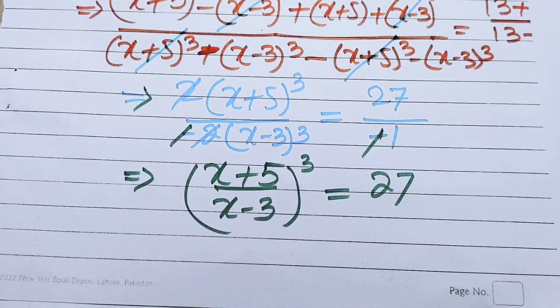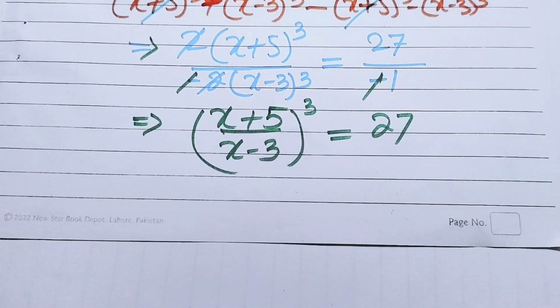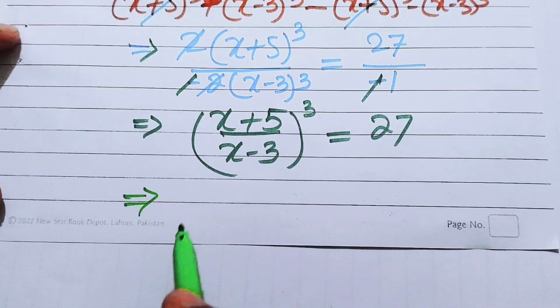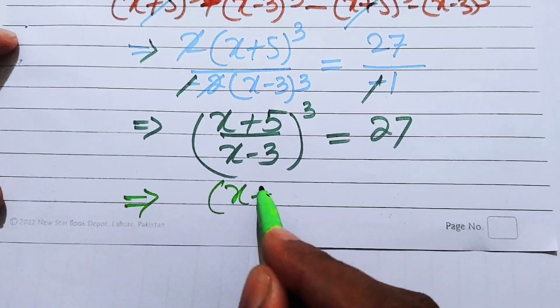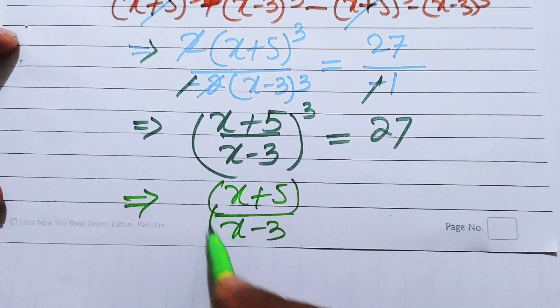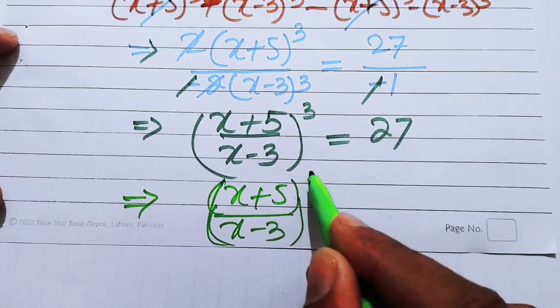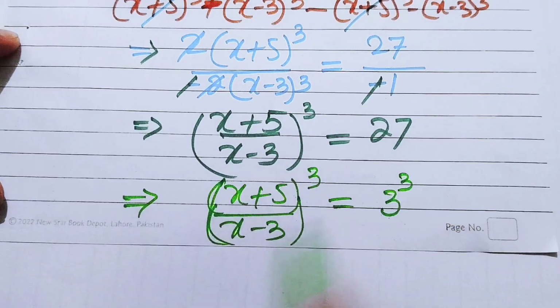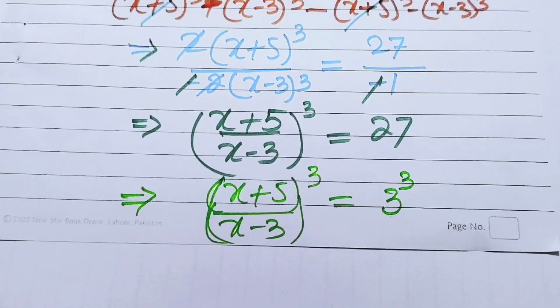Now we write 27 in the form of a cube, since 27 is the cube of 3, so (x+5) over (x−3) whole cubed equals 3 cubed.